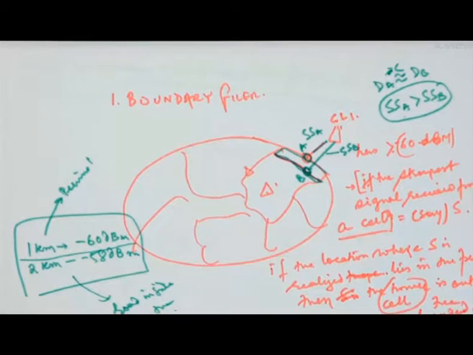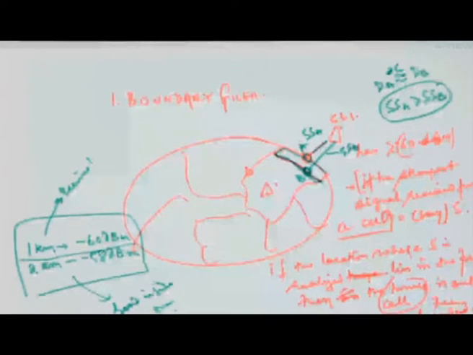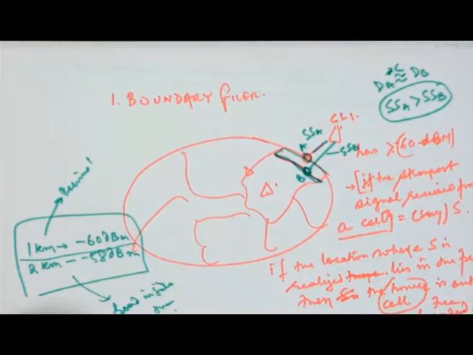Okay, so this is a problem. So boundary filters may not always work, but anyway, a boundary filter is a good idea and it helps. We are taking falsely 12%, so that 12% may get down a bit.